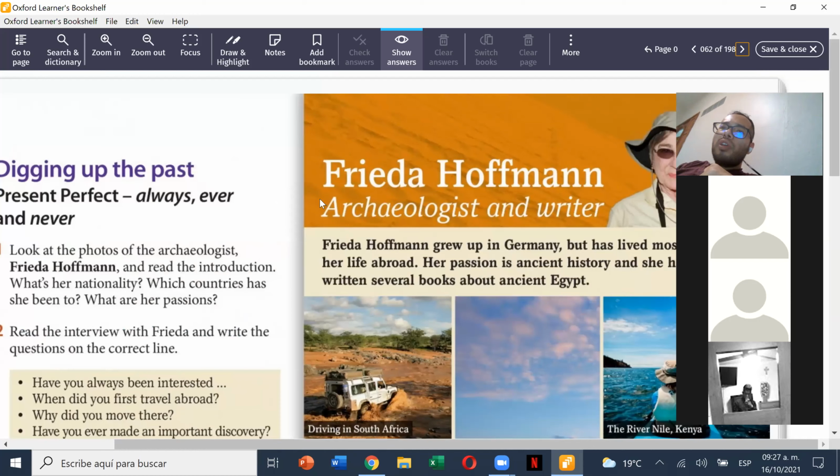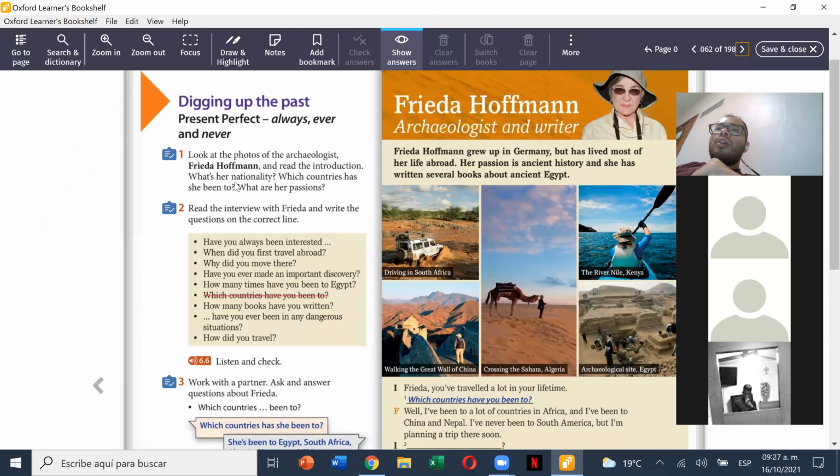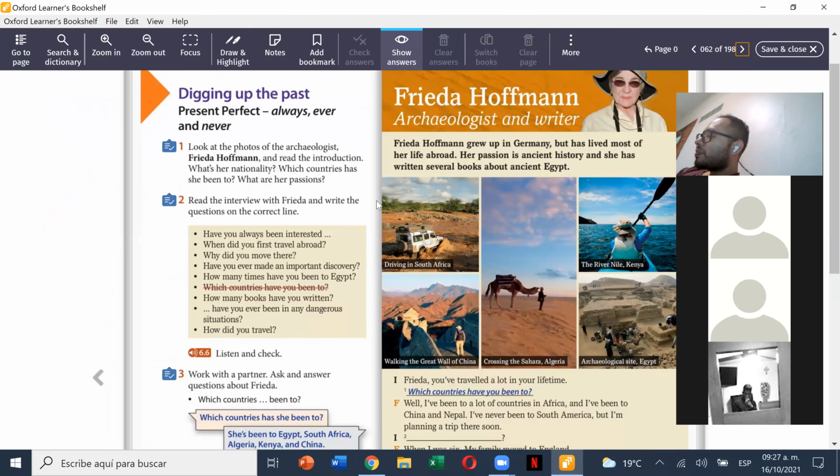Then we have present perfect, always, ever, never. Ever, never, since, and for are the typical words with present perfect, no? Look at the photos of the archaeologist Frida Hoffman. What's her nationality?